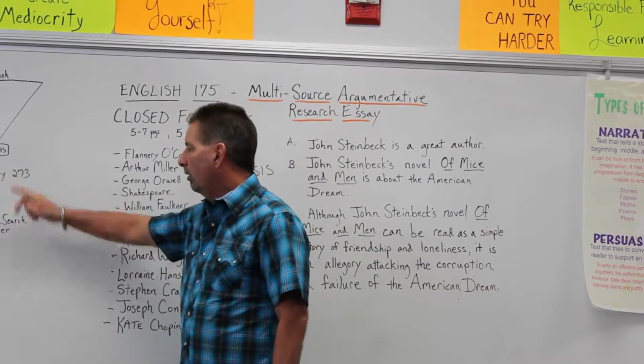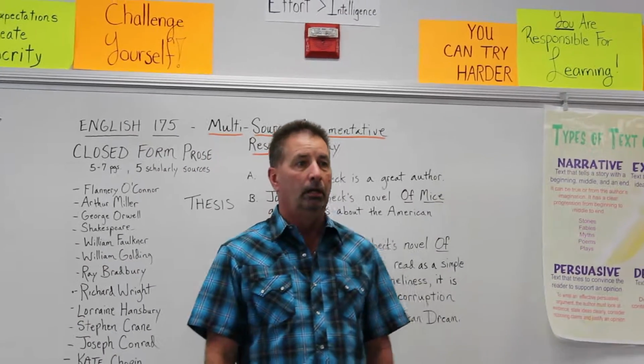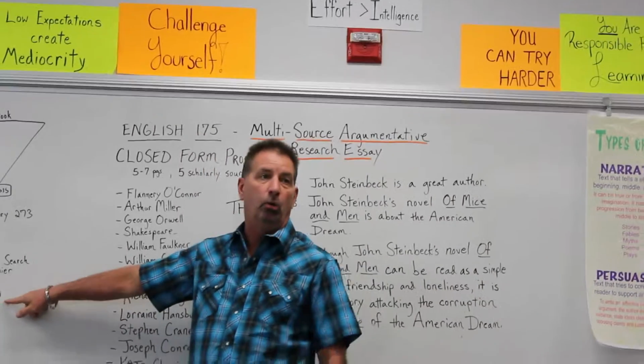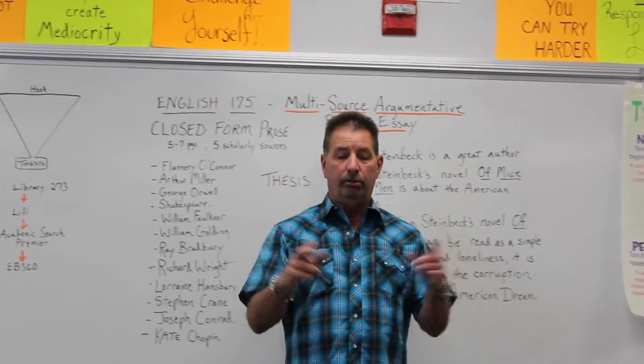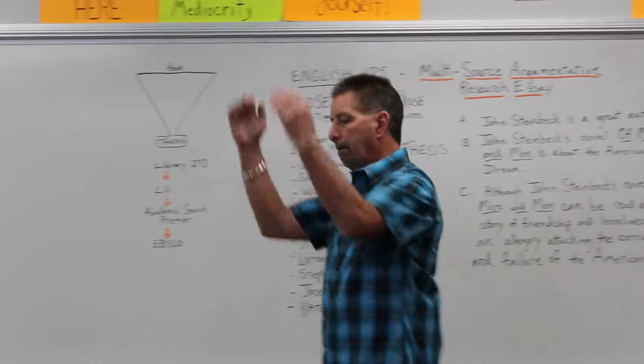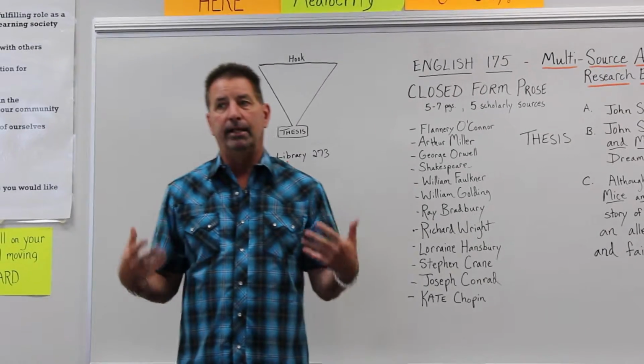Go to Lilly. From there, click on Academic Search Premier. Click on that, and that will take you to EBSCO. And then you just type in John Steinbeck, Of Mice and Men, sources. And these sources will all be at academic level.